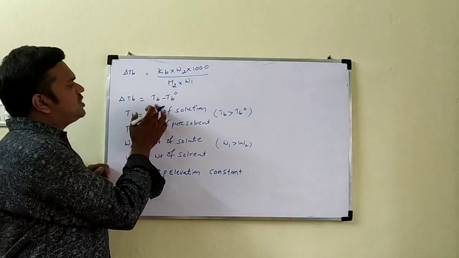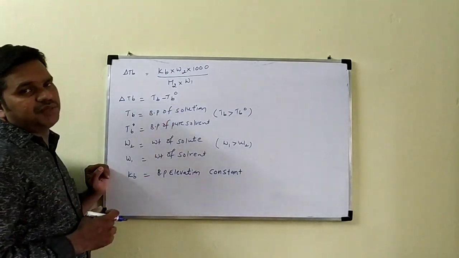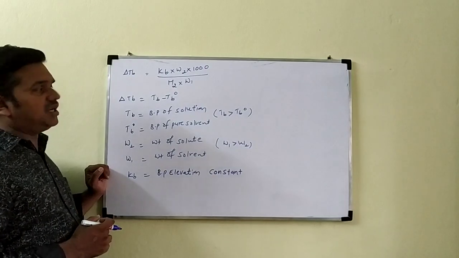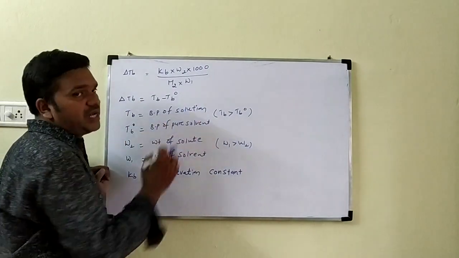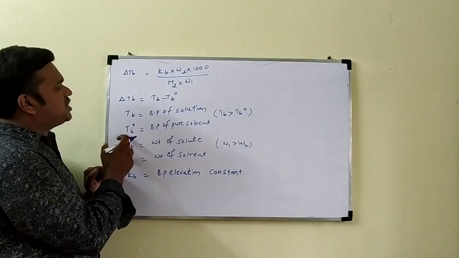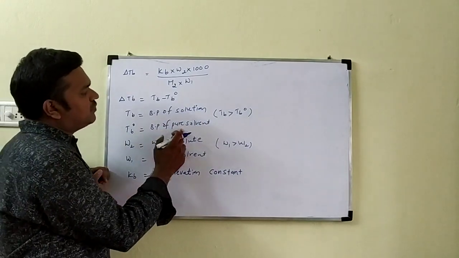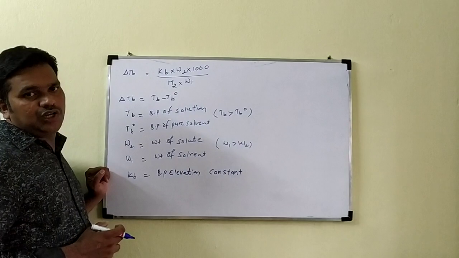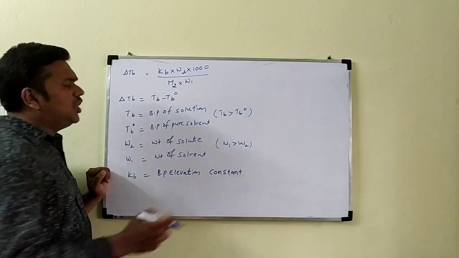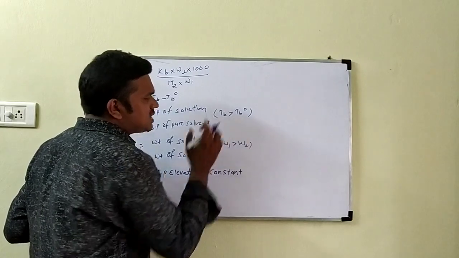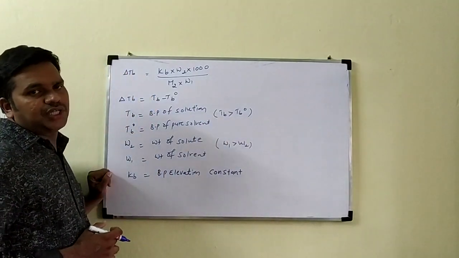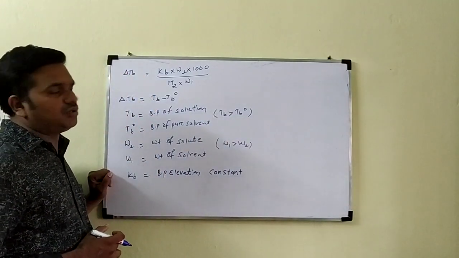So delta Tb is equal to Tb minus Tb naught. What is Tb? Tb represents boiling point of the solution. What is Tb naught? Boiling point of the pure solvent. You know already, boiling point of the solution is always greater than boiling point of the pure solvent.